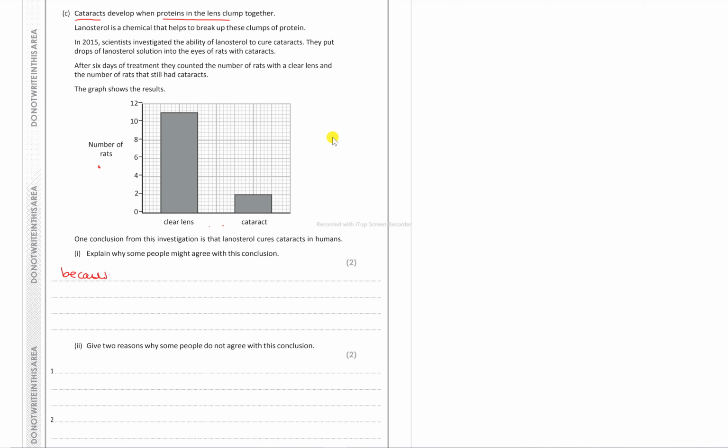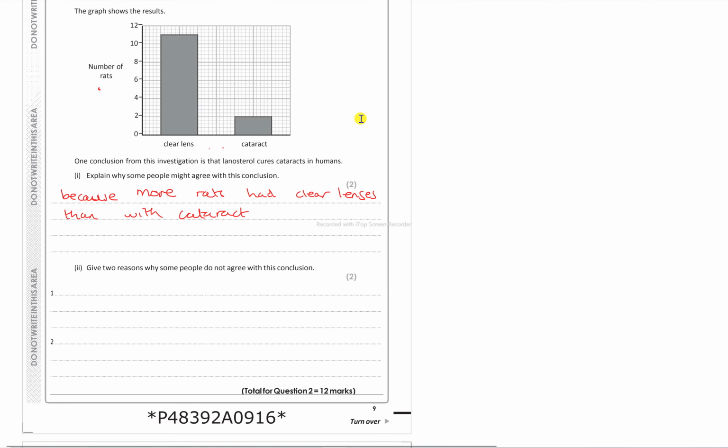Because more, well, not people, more rats had clear lenses than with cataract.